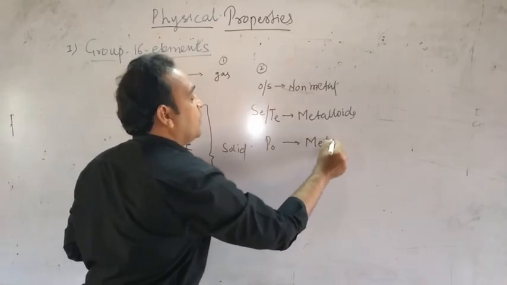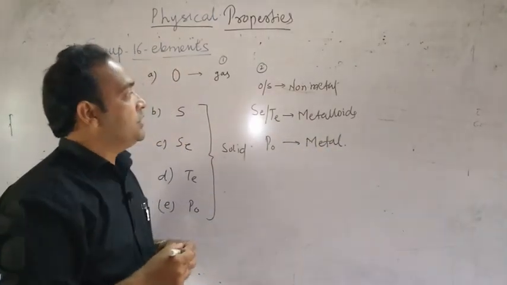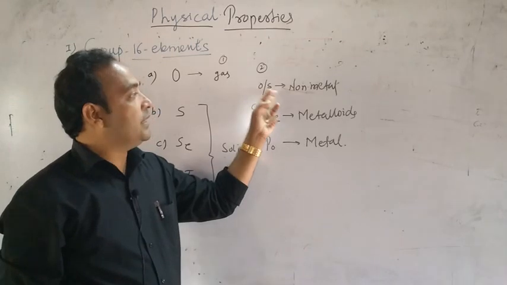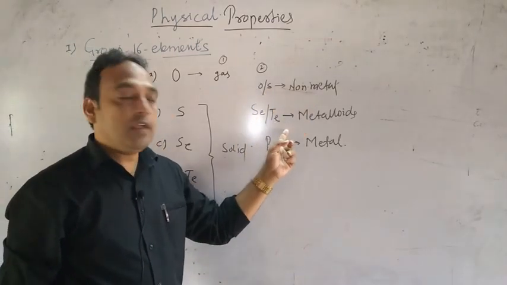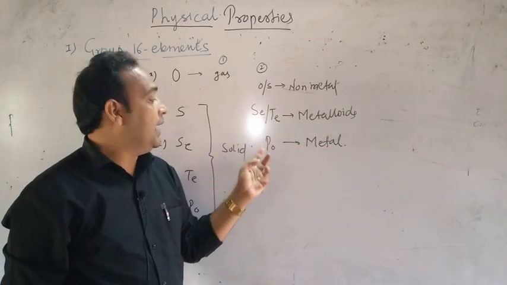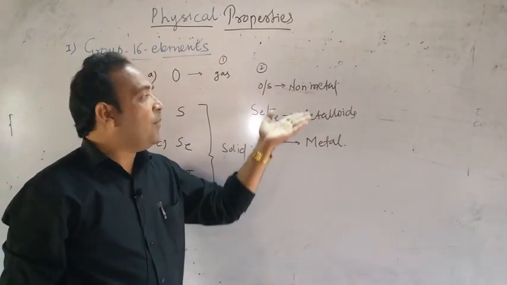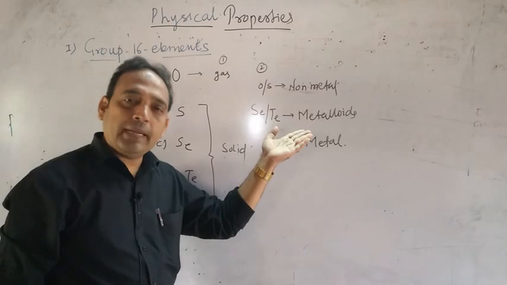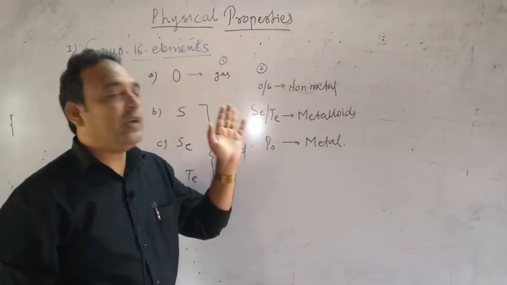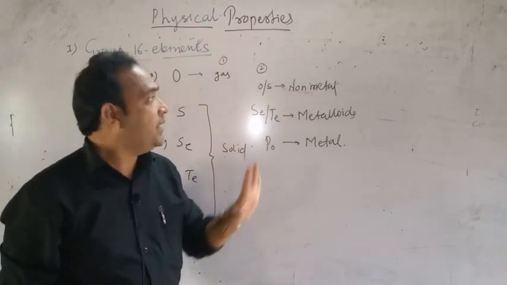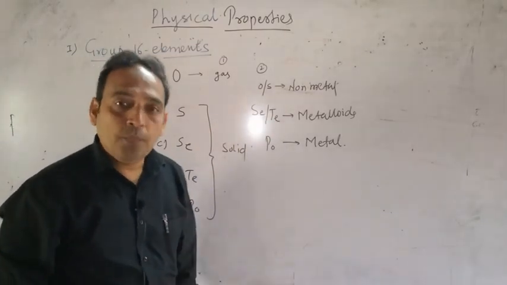Now the second physical property of this group: oxygen and sulfur are non-metals, selenium and tellurium are metalloids and polonium is a metal. What is a non-metal, metalloid, metal, and their characteristics, you have all studied in 10th and 11th. So this is the second physical property.